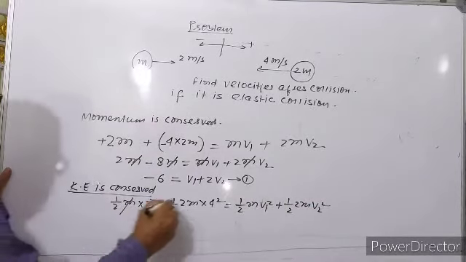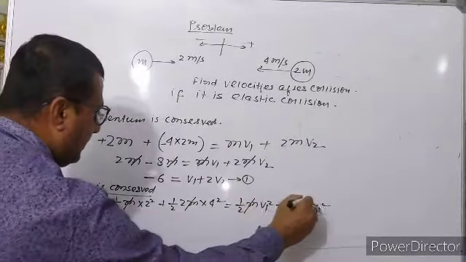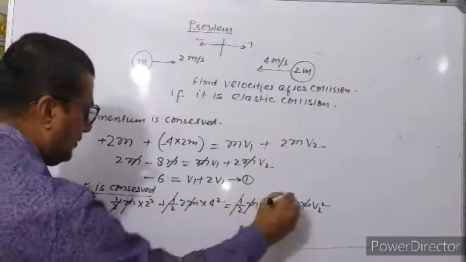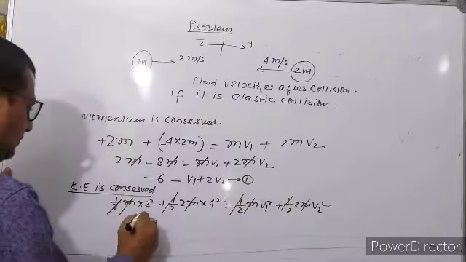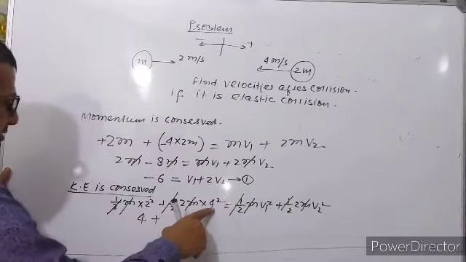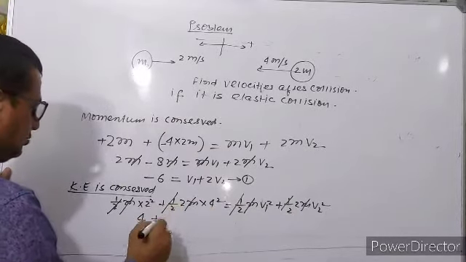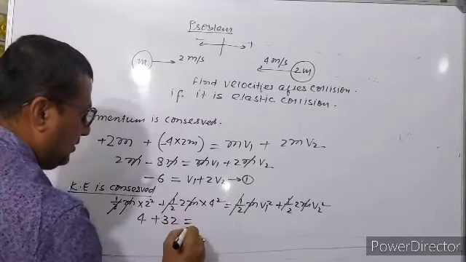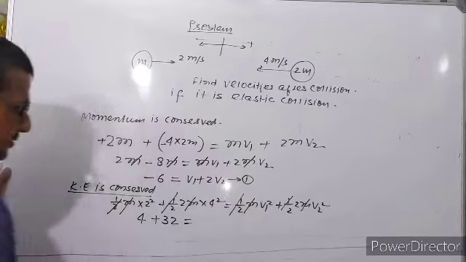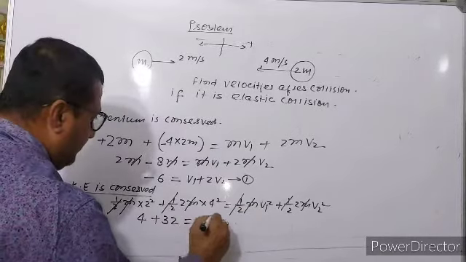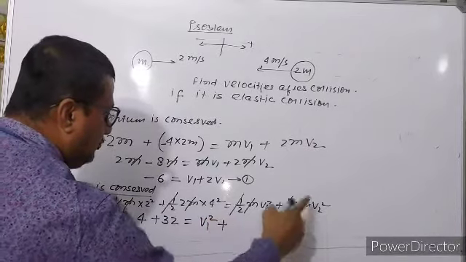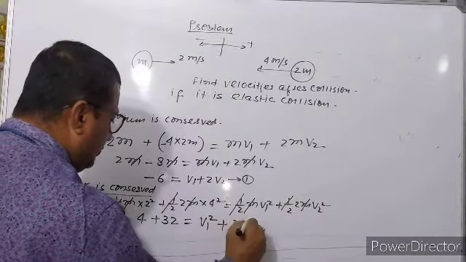So m will be cancelled. Half will be cancelled from everywhere. So here will be 4 plus 32 is equal to v1 square plus 2 v2 square.